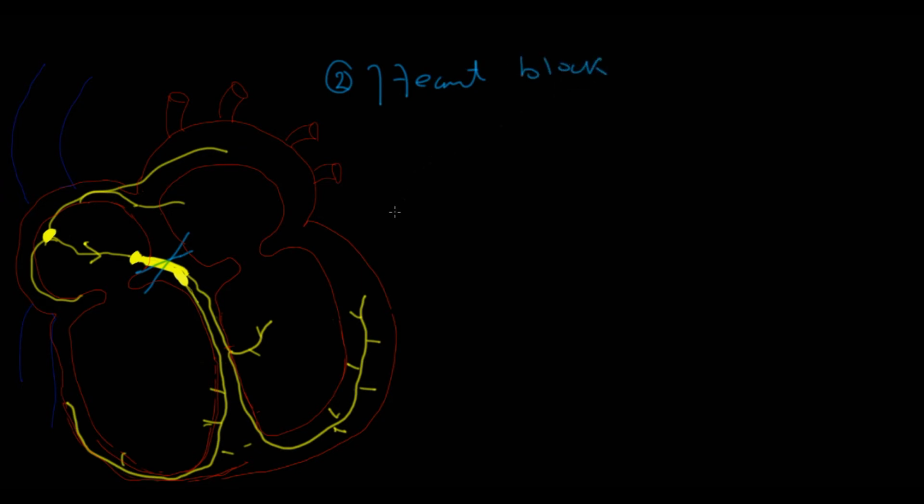Again, if you notice, the SA node sends signals because the SA node is normal, and another, and nothing goes through. Why? Because basically the AV node is malfunctioning.